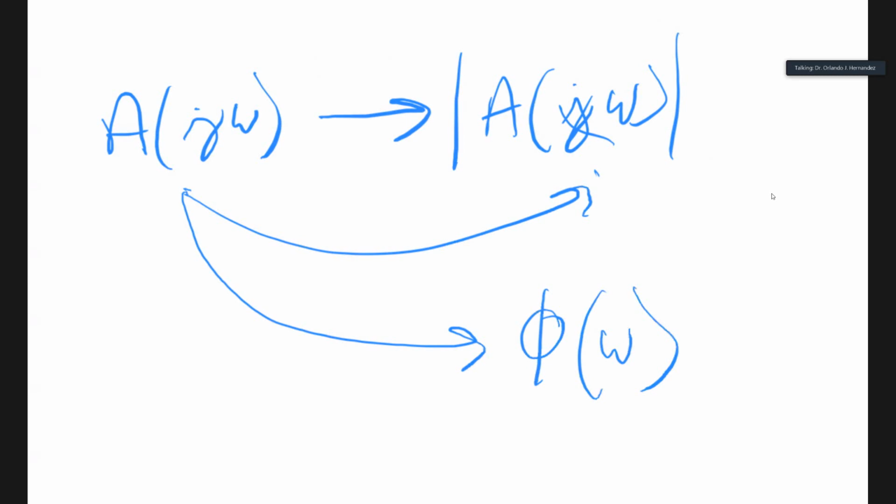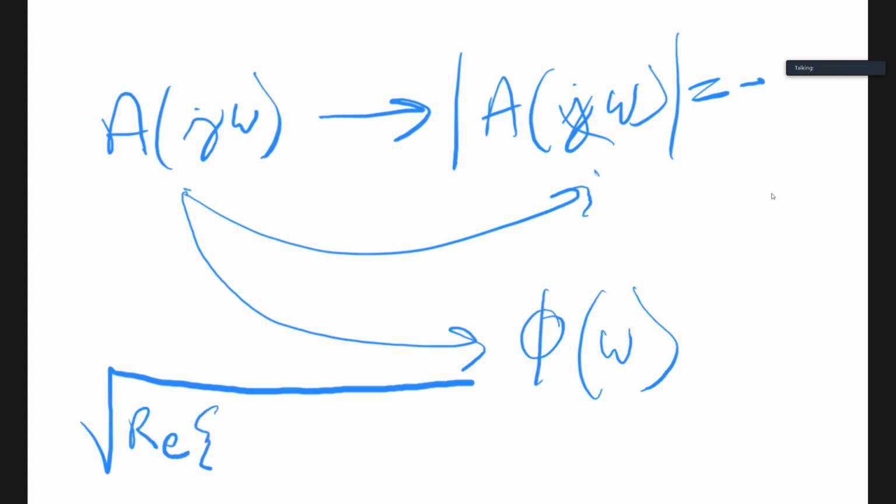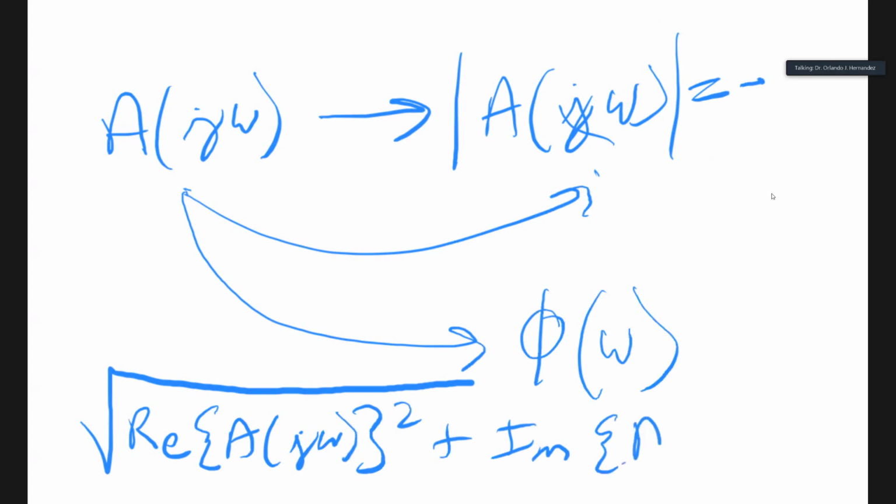But you have to separate this here, which is going to be the square root of the real part of A of j omega squared plus the imaginary part of A of j omega squared.